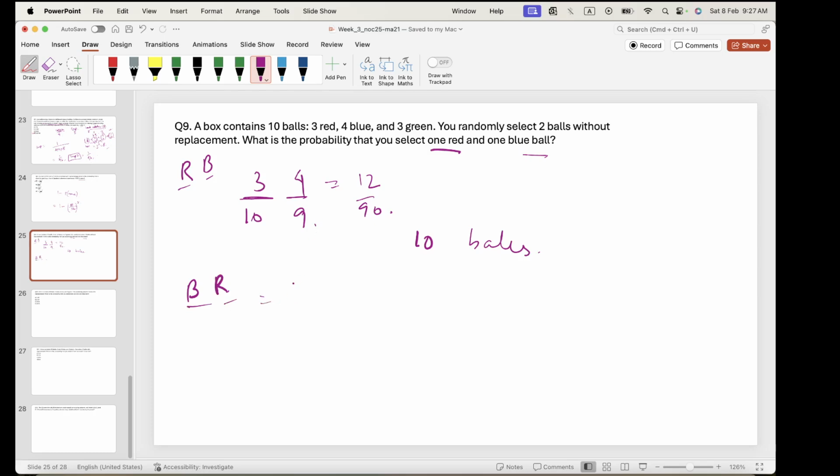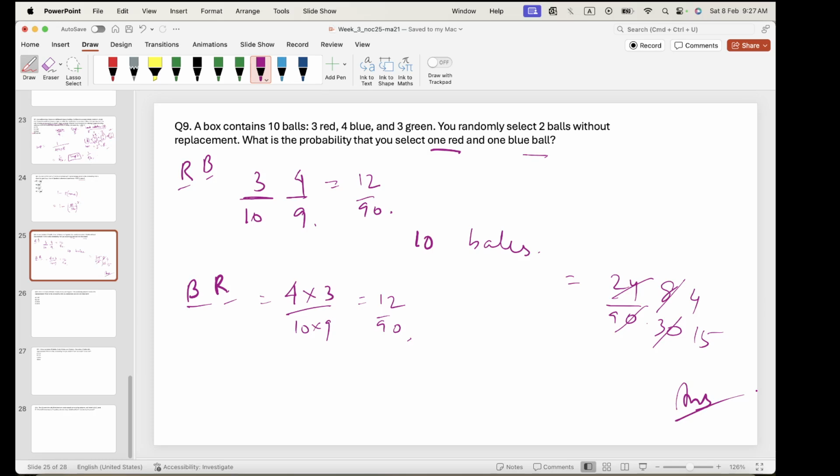Then also I have 4 into 3 by 10 into 9, 12 by 90. So the total probability is adding these two up. So it will be 24 by 90, 8 by 30, 4 by 15. Okay, next.